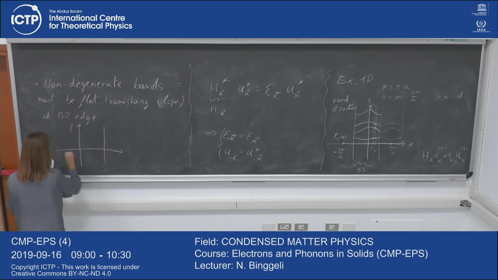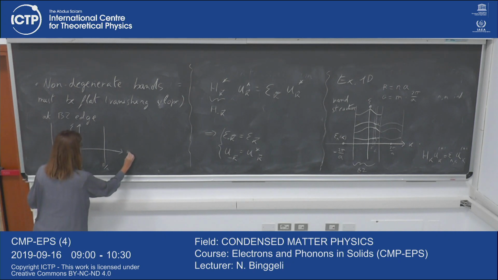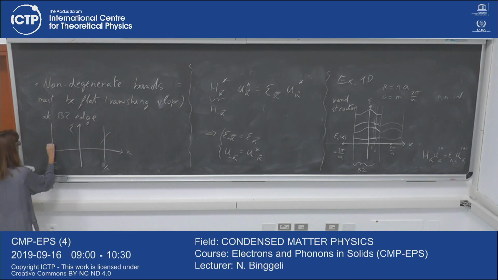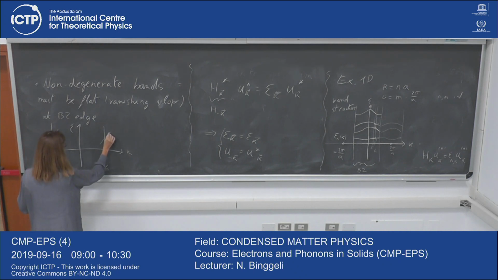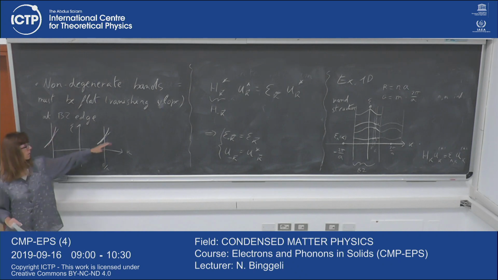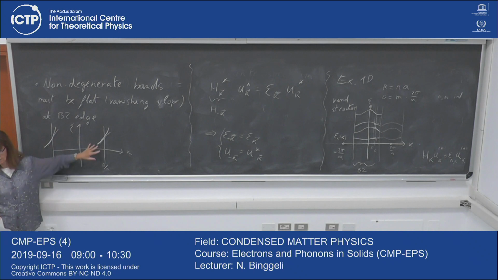That is, if I have a band structure like this, and this is the Brillouin zone edge, and I have a slope that is non-zero for a band that is non-degenerate, so if my band is going like this, by periodicity, on the other side here, I must have my band going like this, and this is incompatible with being symmetric, epsilon of K equal to epsilon of minus K. So if I have non-degenerate bands, they must be flat at the Brillouin zone edge.